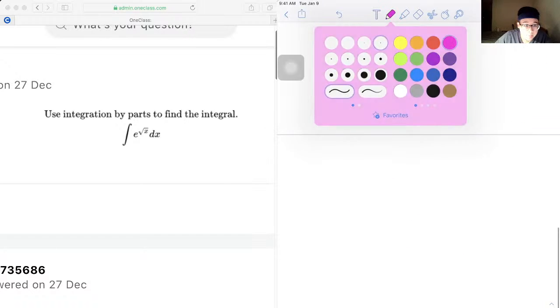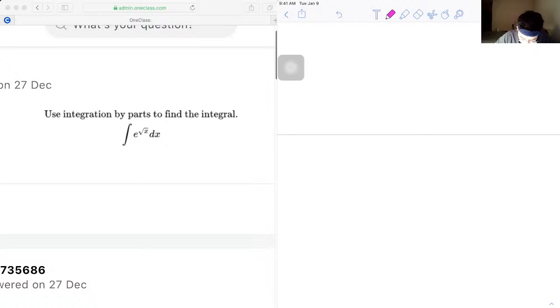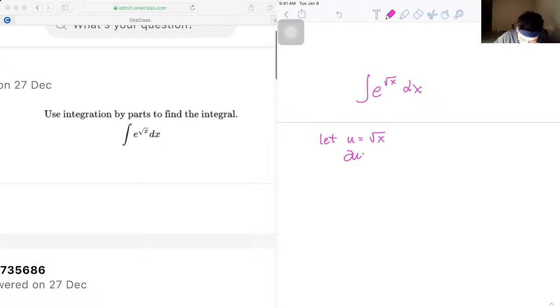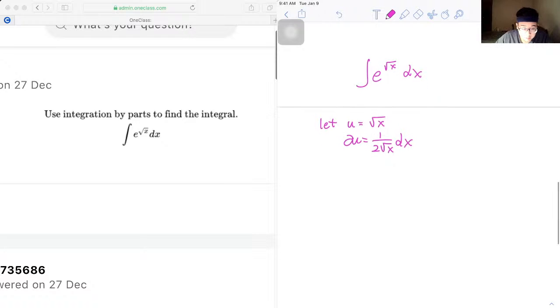We have, let's copy down the question: e to the exponent of root x dx. So we'll let u be equal to root x, and du will be equal to 1 over 2 root x dx.